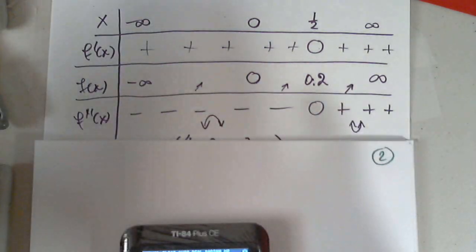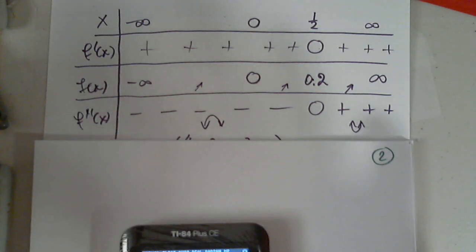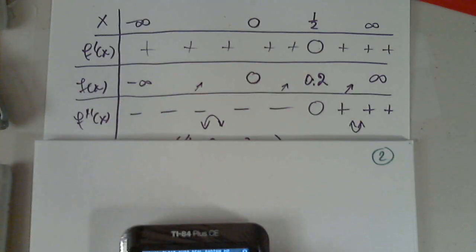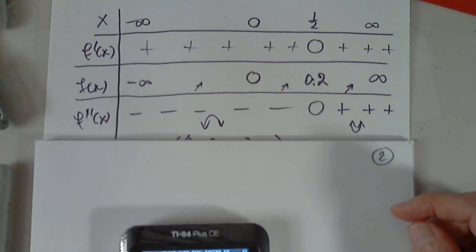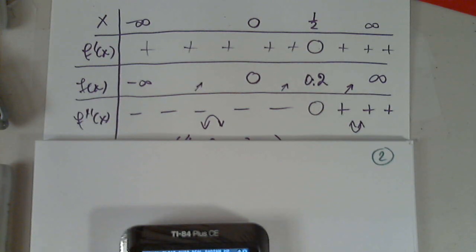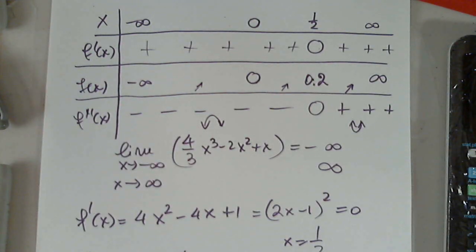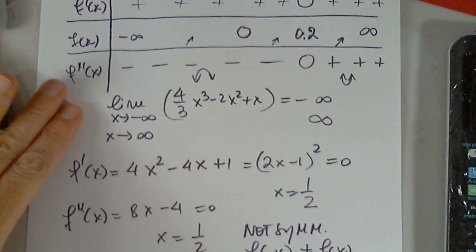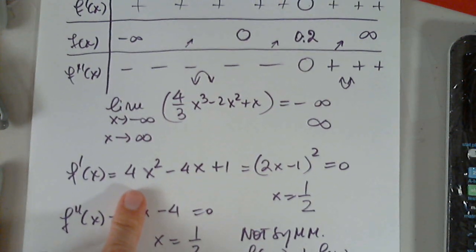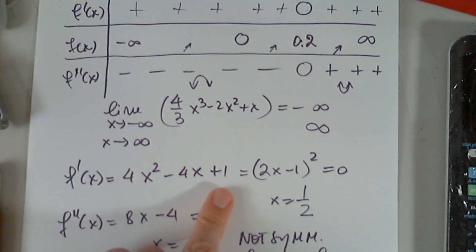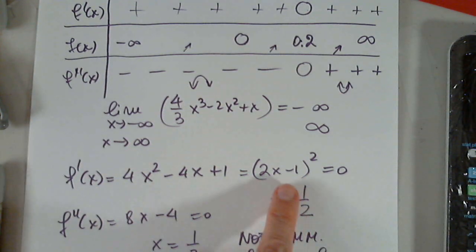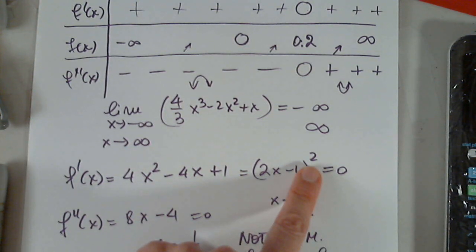Hey, Professor. Yes? Since we did 1/2, we know that 1/2 is a critical number, right? Yes. Is that the only critical number, or is 0.2 the other critical number? So the first derivative is 4x squared minus 4x plus 1, which factors into 2x minus 1 squared.